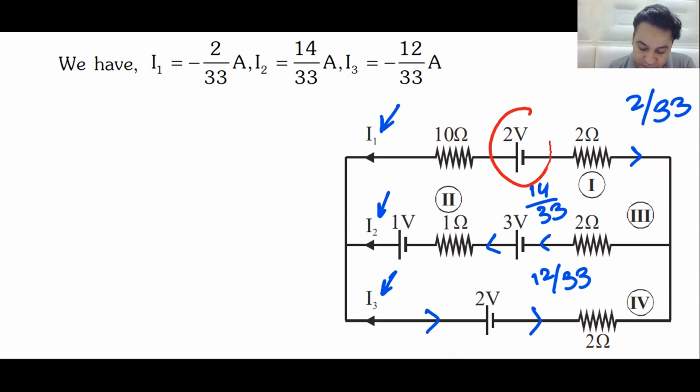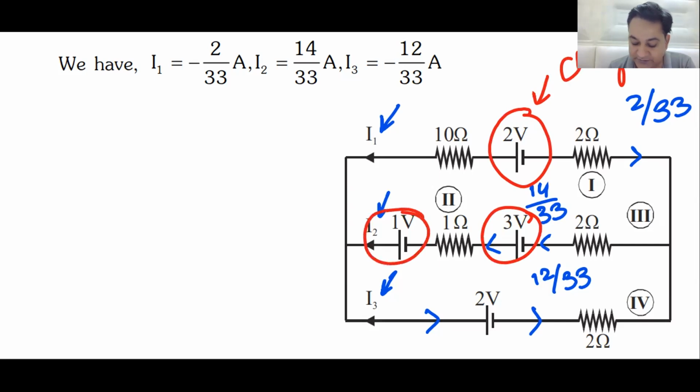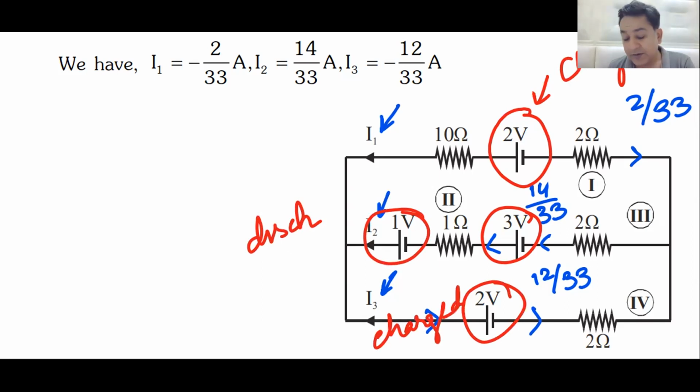So this battery is getting charged. Both of these two batteries are getting discharged. And this battery is getting charged. That's it. That will give you your answers. Yes or no? Yes, sir.